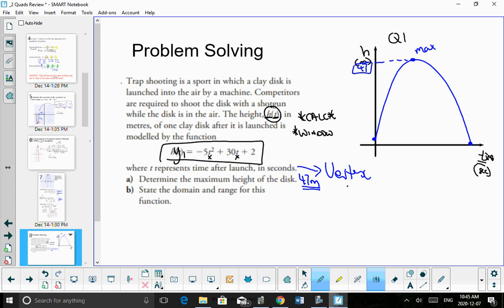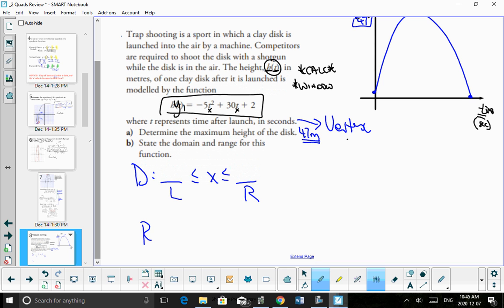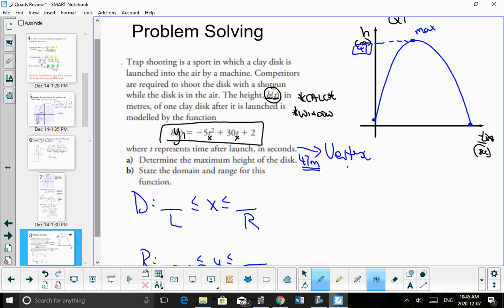So state the domain and range. Okay, so we're going to go back to our formulas. So left, right, and bottom. Oops. Bottom and top. Okay, so because again, you're not putting arrows on the end, this graph does not go on forever.